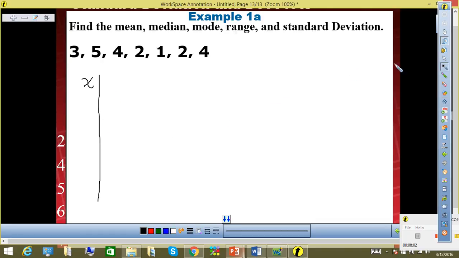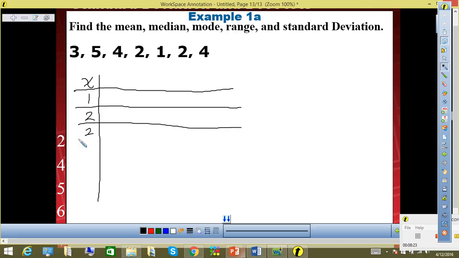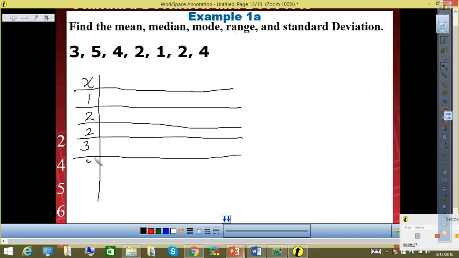And we're going to label this, this is X. And what's our first number in ascending order? 1. What's the next one? 2, then 2, 3, 4, 4, and 5. All right.